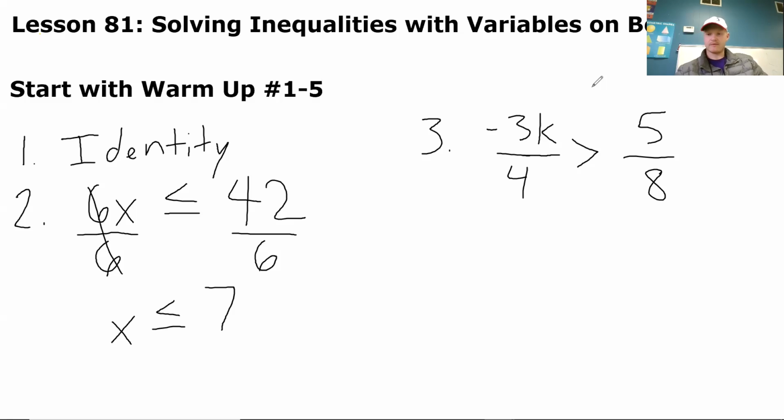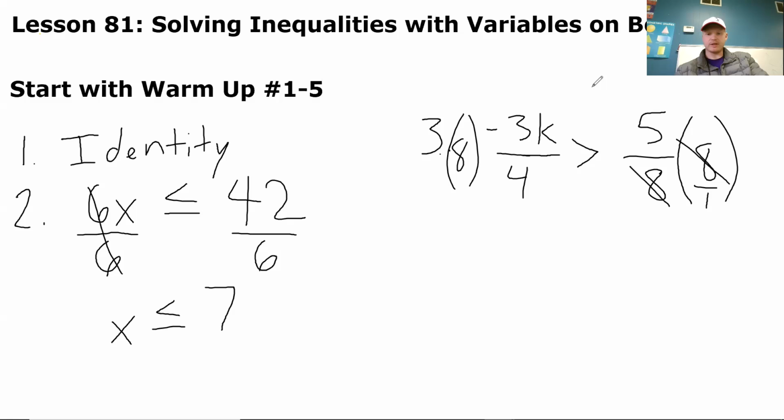So first off, we're going to multiply by 8 on both sides. And that gets rid of our 8 in the denominator on the right, because remember, 8 equals 8 over 1, and then 5 times 8 is going to be 40, divided by 8, that's just going to be 5.